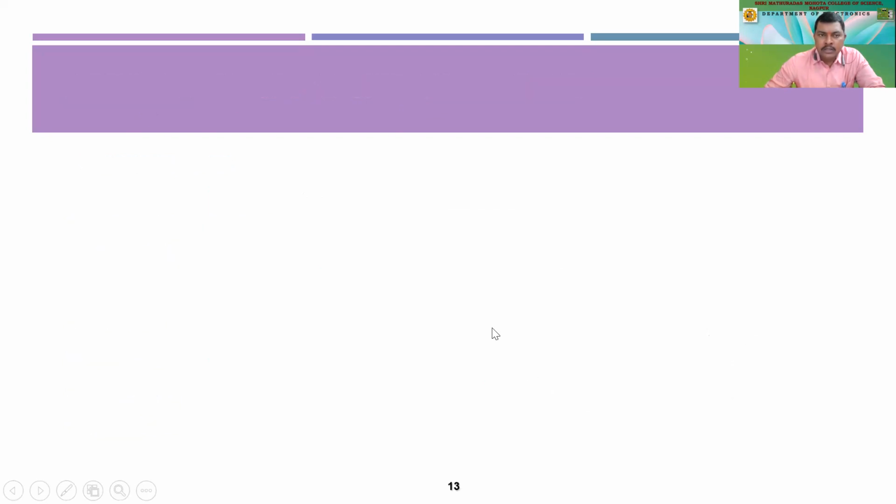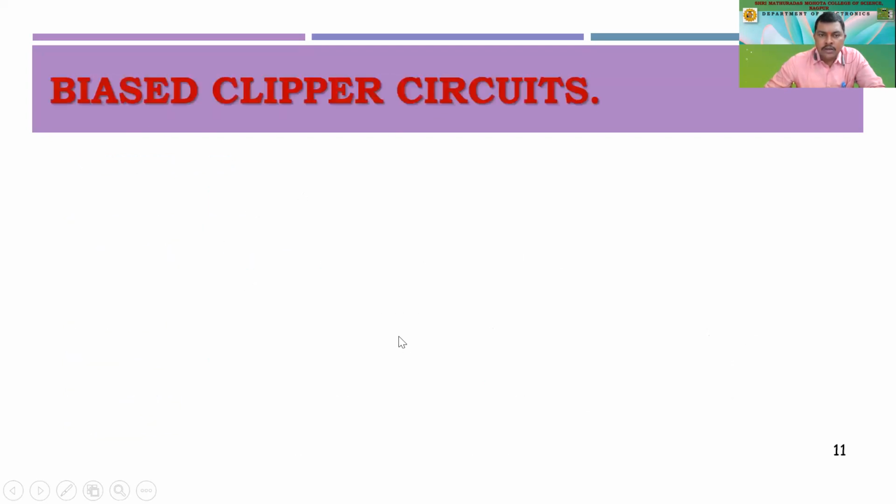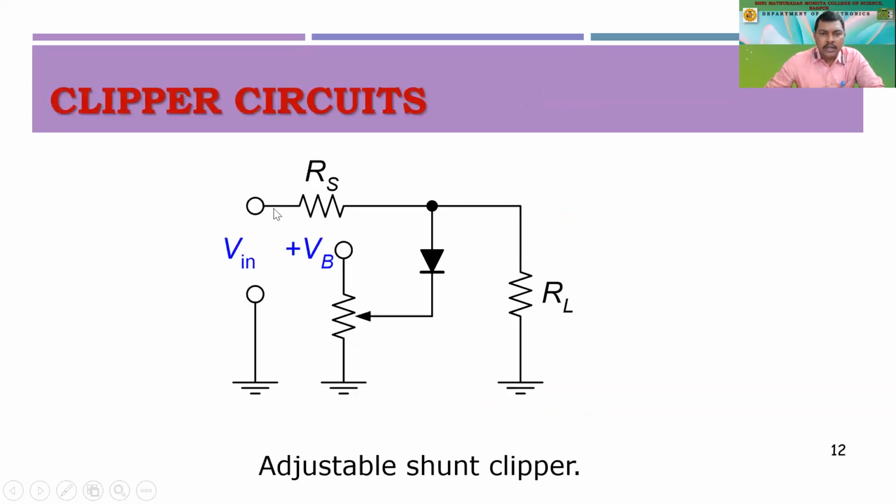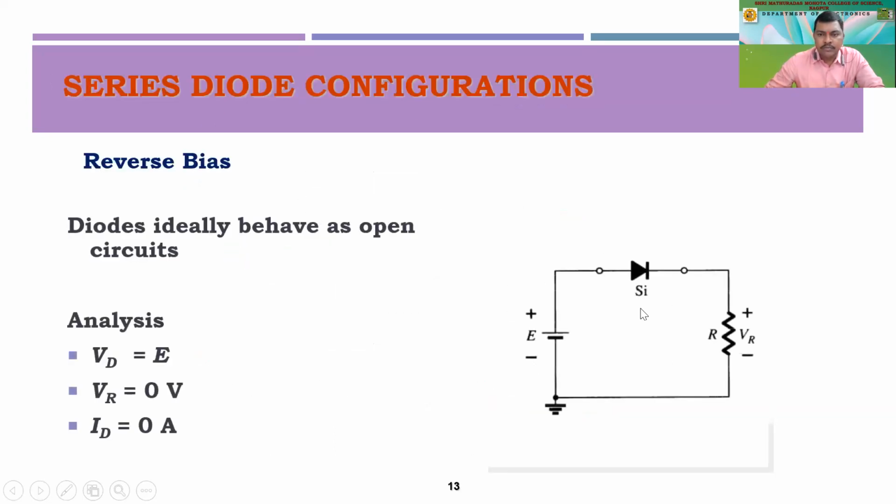But in the AC, the voltage varies with respect to time, so we have positive as well as negative voltage. That is why it is called AC, alternating, which keeps on changing with respect to time. So this was AC, and this is the DC which is connected here. DC means direct.